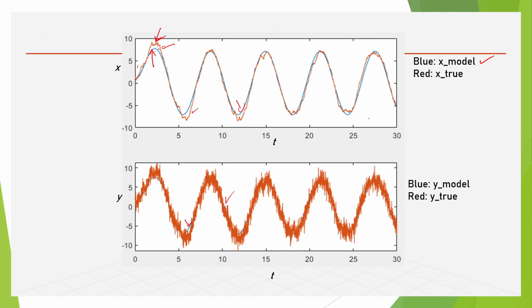We want to estimate the orange, but what we can compute from the deterministic model is the blue. And what we can measure is the orange here. So the information that we have is the blue in here, and we have the noisy orange here. But then we want to estimate the orange here.